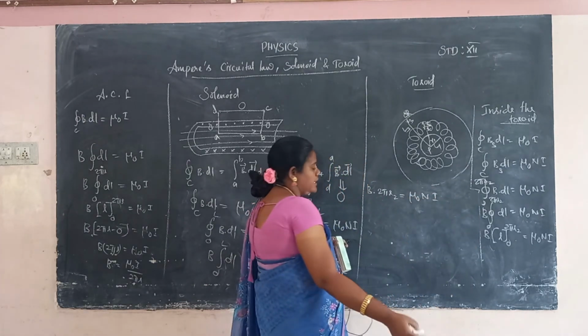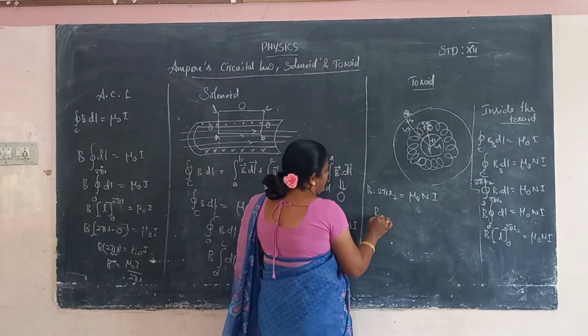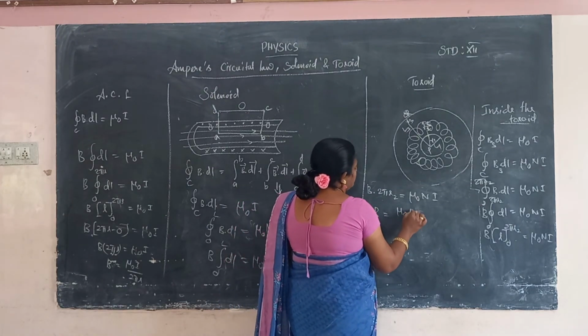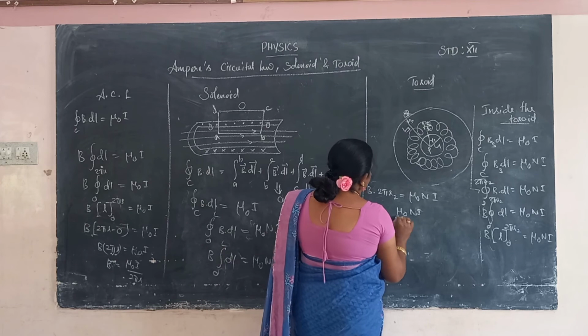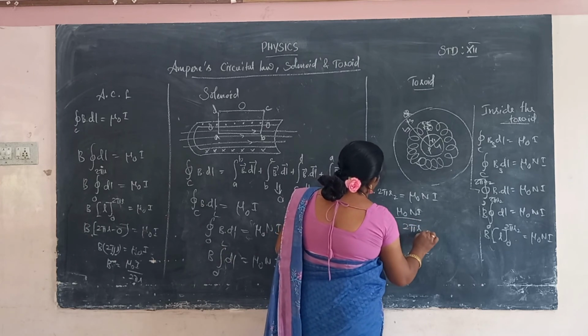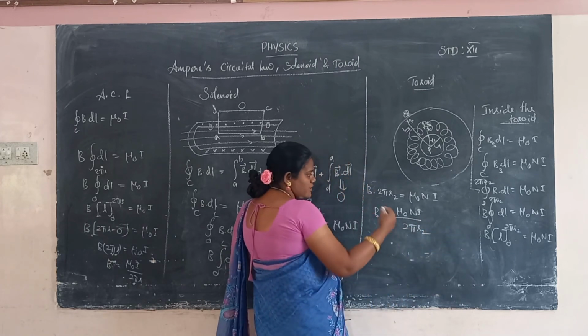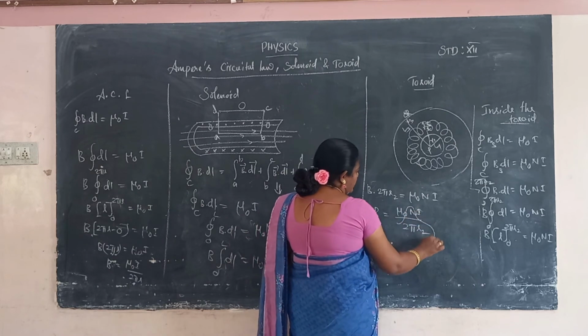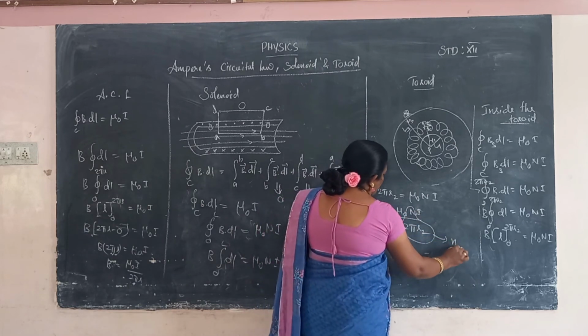We want B only, so B is mu naught n I by 2 pi R2. We consider N by 2 pi R to be equal to small n.